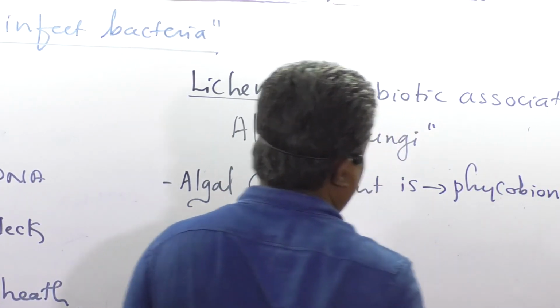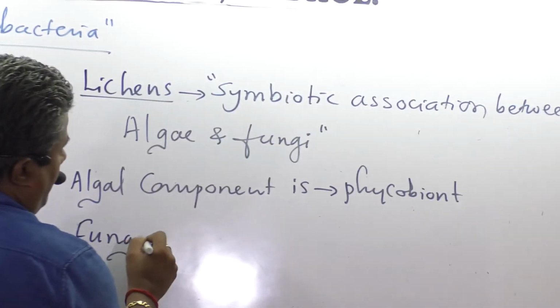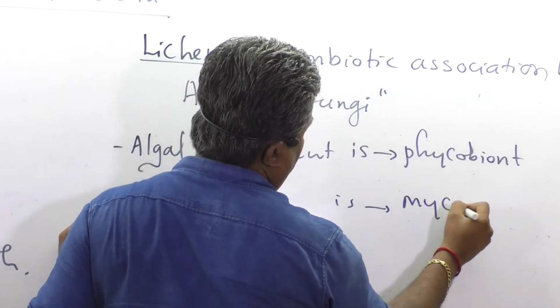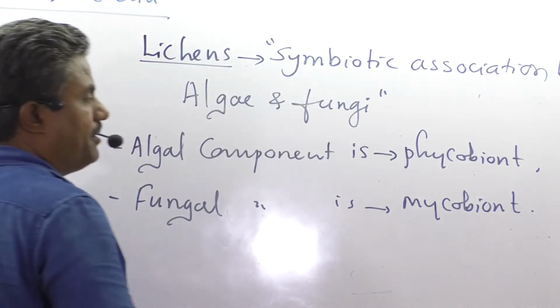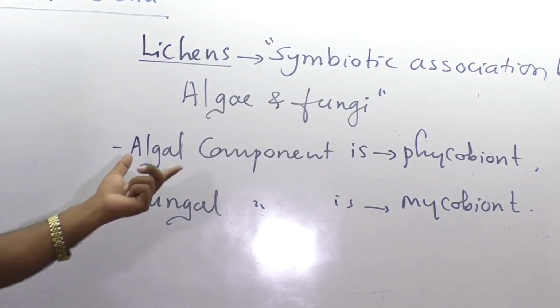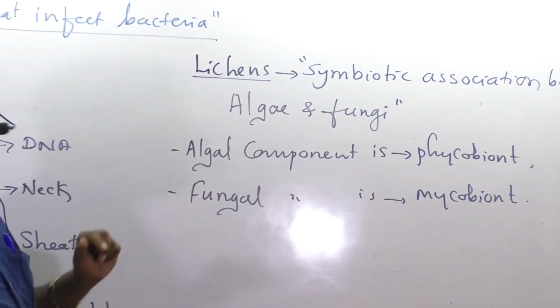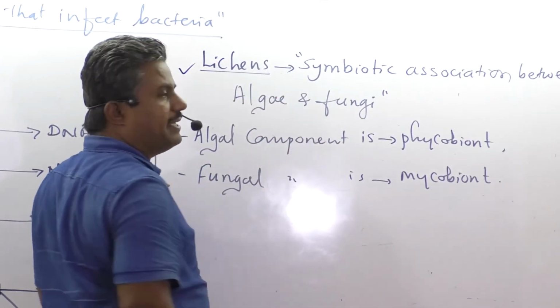Remember this if asked in 2 marks. And fungal component is mycobiont. Algal component phycobiont, fungal component mycobiont, both together form what? Lichens.